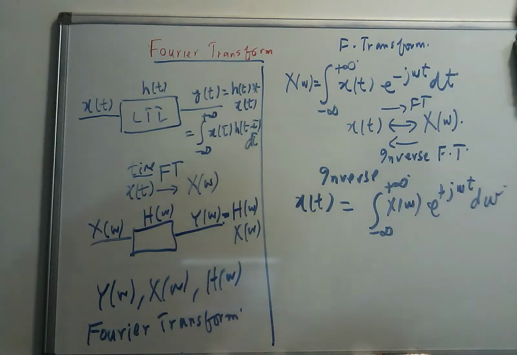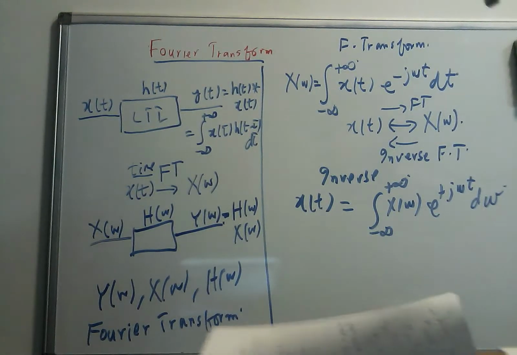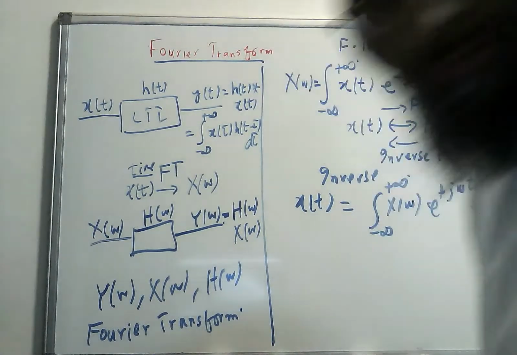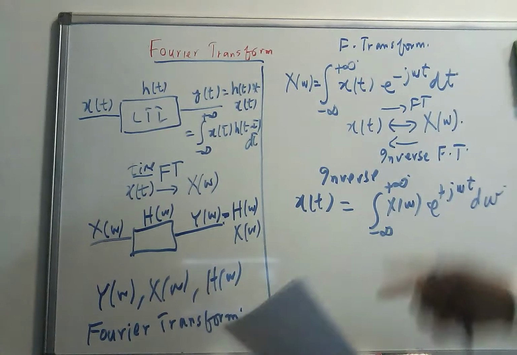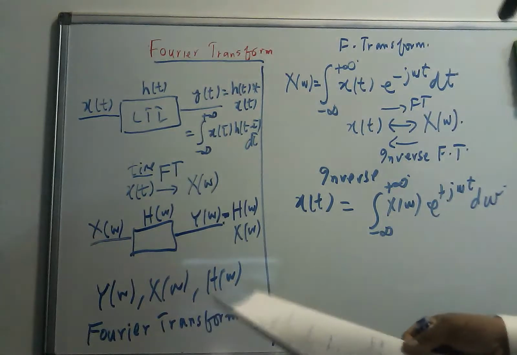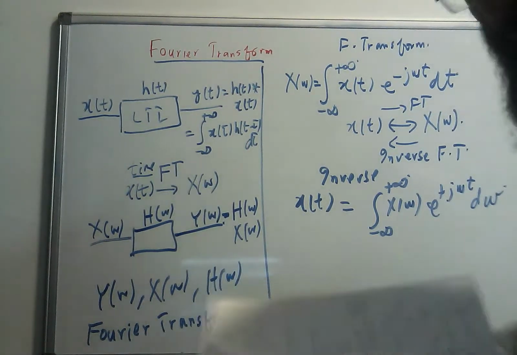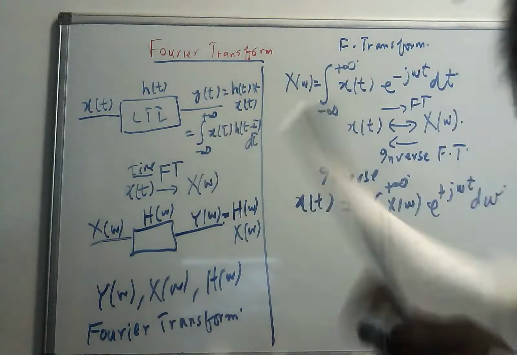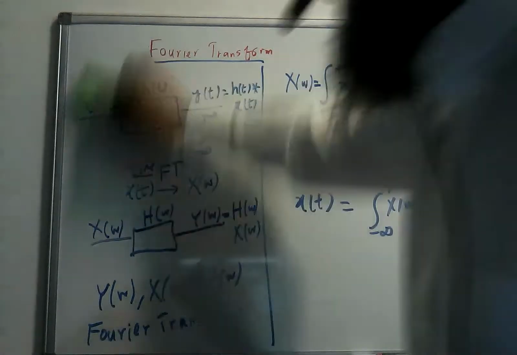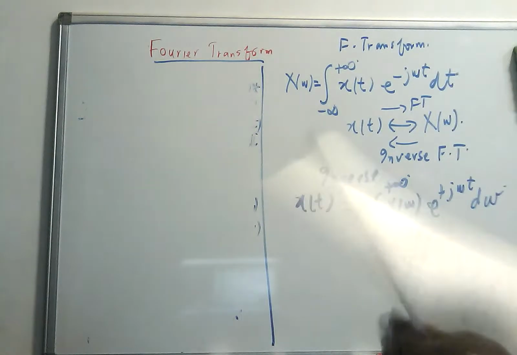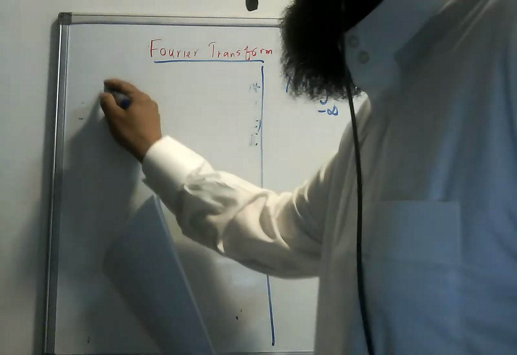All right. So now let us find the Fourier transform of some functions. Let us first find, as an example, the Fourier transform of e raised to the power minus at.